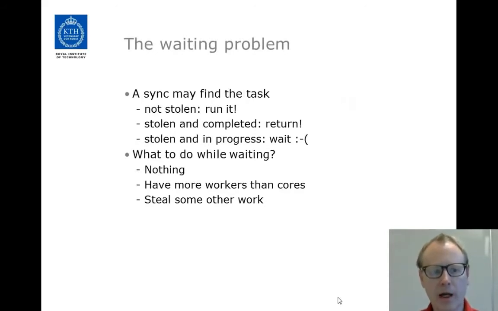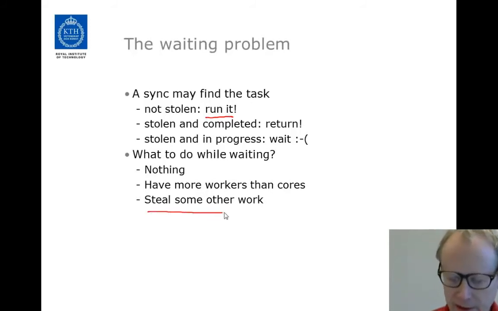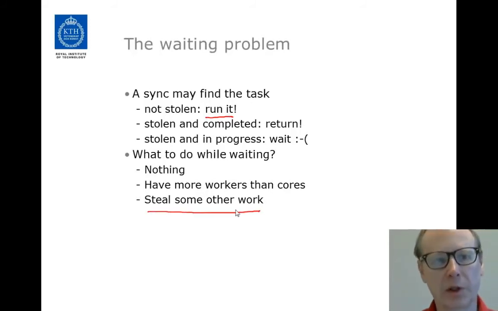So when you have a sync and you find a task which is not stolen, then it's okay, just run it. But if it's stolen and completed, fine, you return. But if it's in progress, you have to wait. What to do while waiting then? Well, you can do nothing, which is a waste of time. You can have more workers than cores and hope that the operating system will schedule those worker threads onto cores when the core is waiting. Or you can steal some other work, which is what most work stealing algorithms actually do.